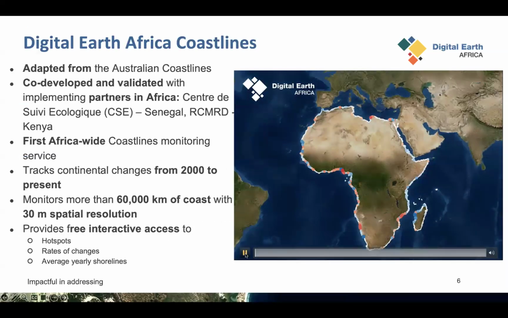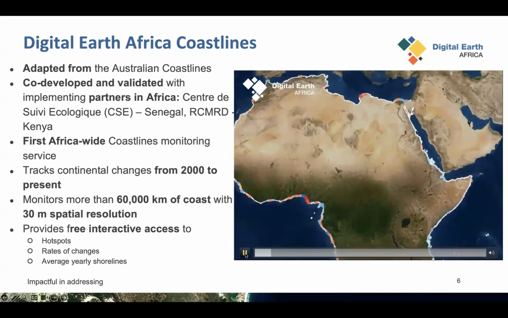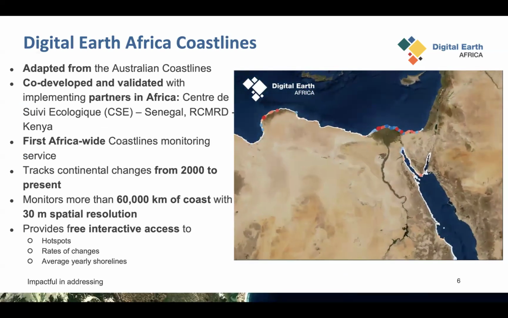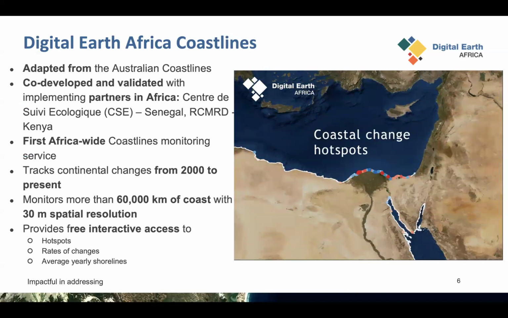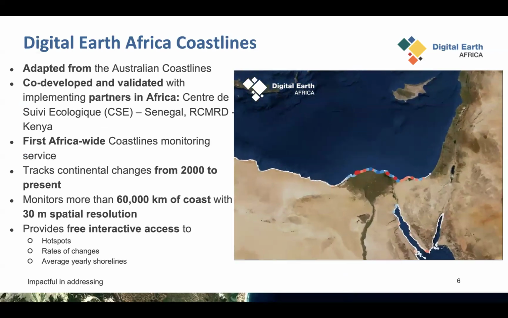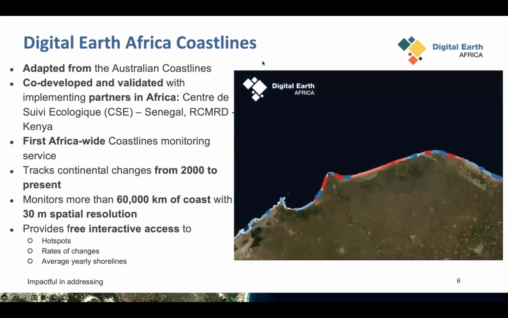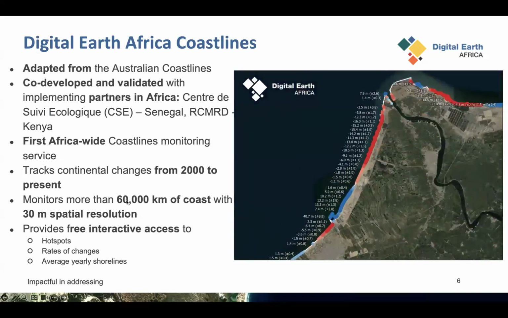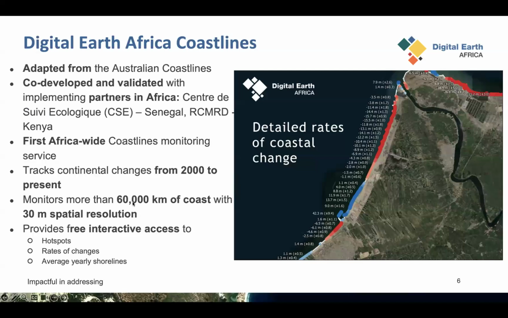So this is the Digital Africa Coastline Service, working closely with the Centre de Suivi Écologique in Senegal in terms of validation, and the Regional Centre for Mapping, covering East and Southern Africa. And this is the first of its kind of service in Africa. So we are looking at empowering these 38 countries to monitor their coastal areas.